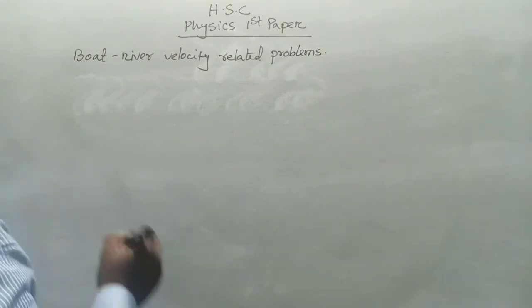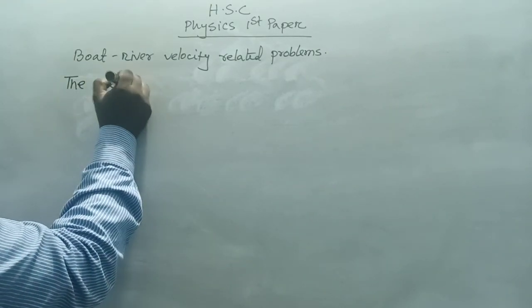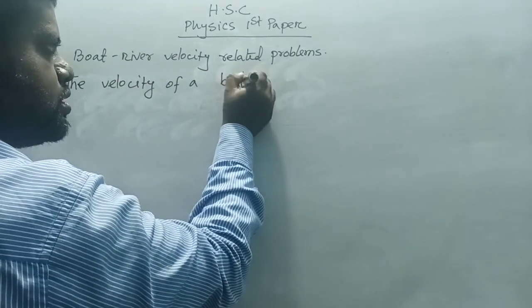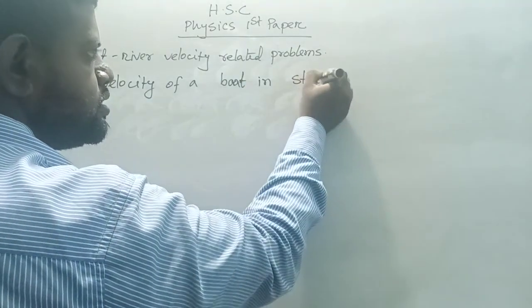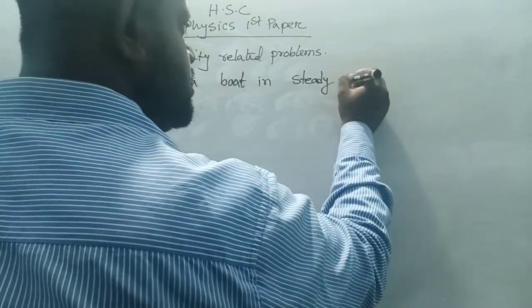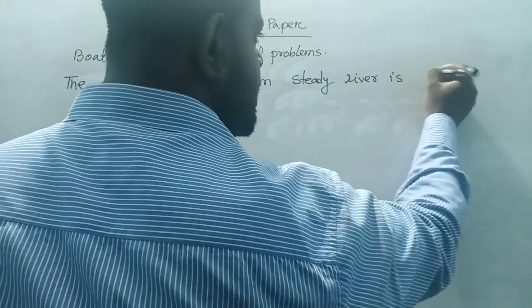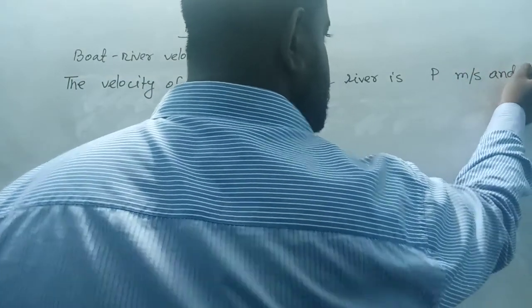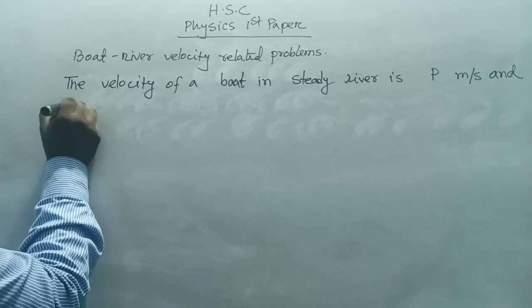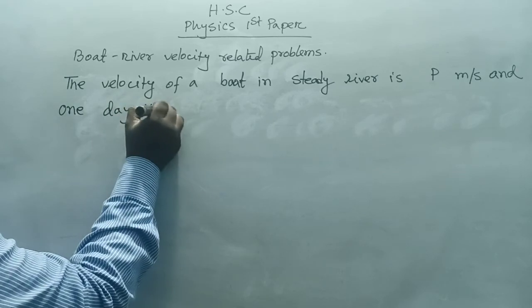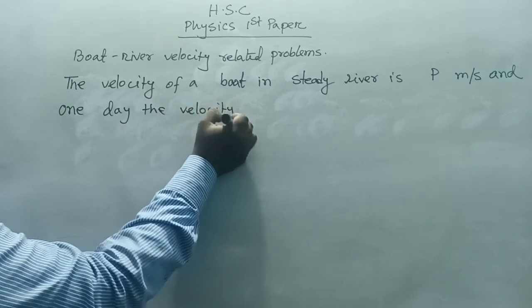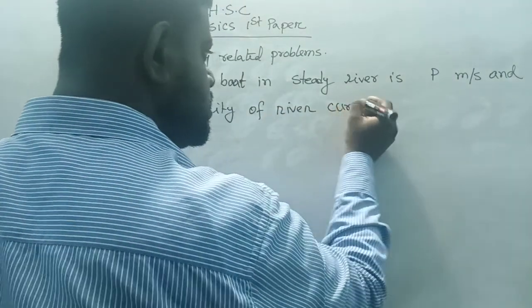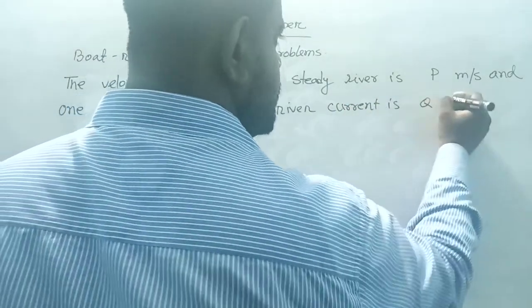For this, let us consider the velocity of a boat in steady river is p meter per second, and one day the velocity of river current is q.